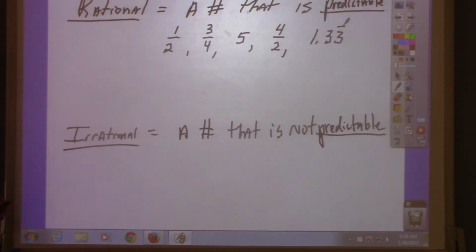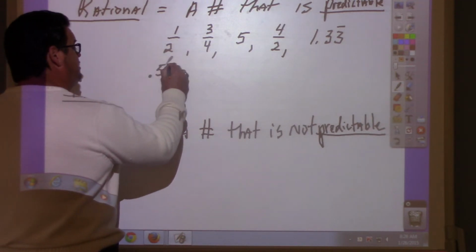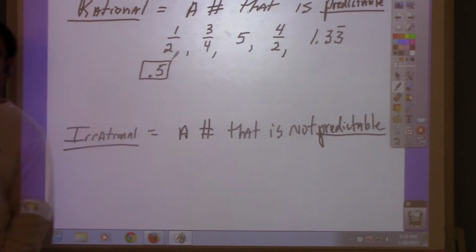Because 1/2 will always give you what? If you divide 1/2, that will always give you 0.5. It will never change. You can bet your money on it. You can bet a $100 bill that whatever you punch into a calculator, if it's got the ratio of 1 to 2, your answer is going to be 0.5. Is there any doubt? No. What about 3/4?